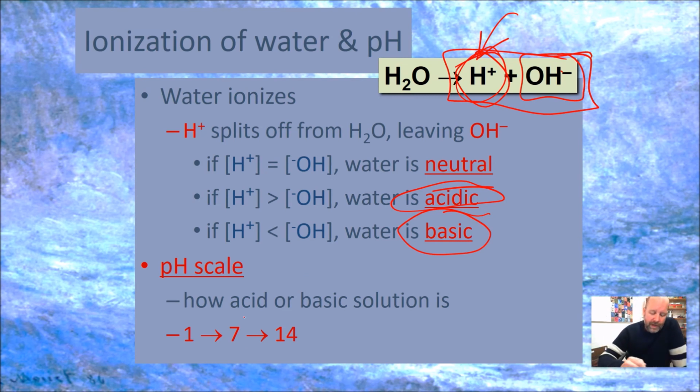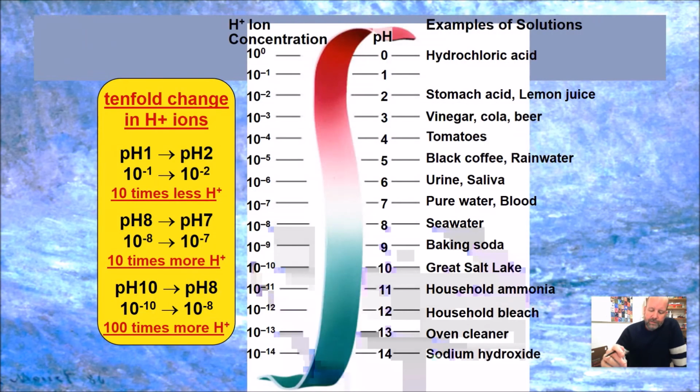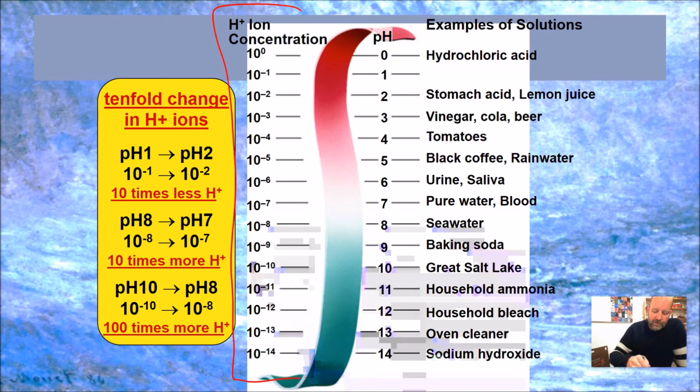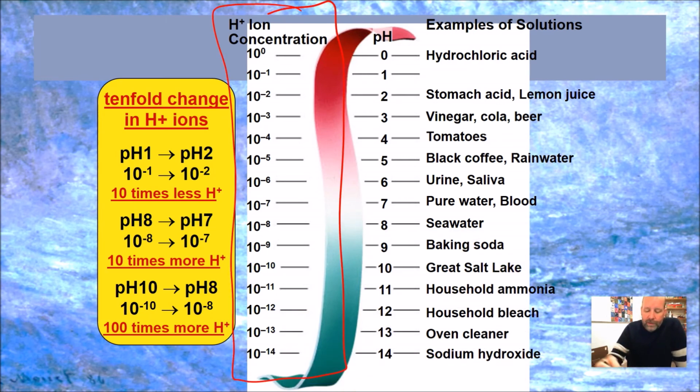So we're talking about how acid or basic it is. And just to be sure you know, right, the pH scale is based on this hydrogen ion concentration. So when there is a concentration of 10 to the negative 2, so 0.01 molar hydrogen ion concentration, right, that's a pH of 2. So it's just the exponent there.